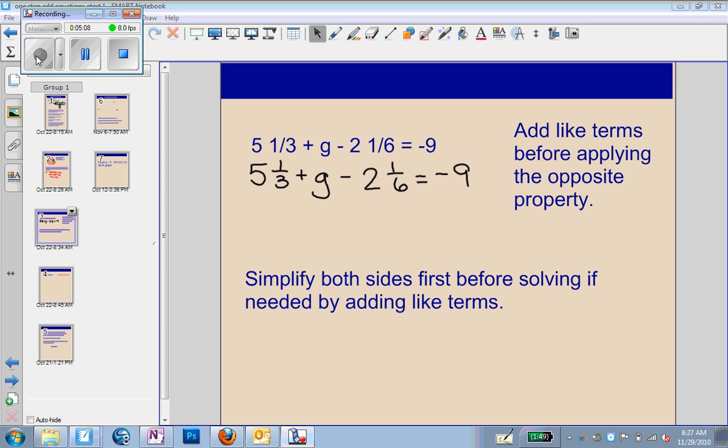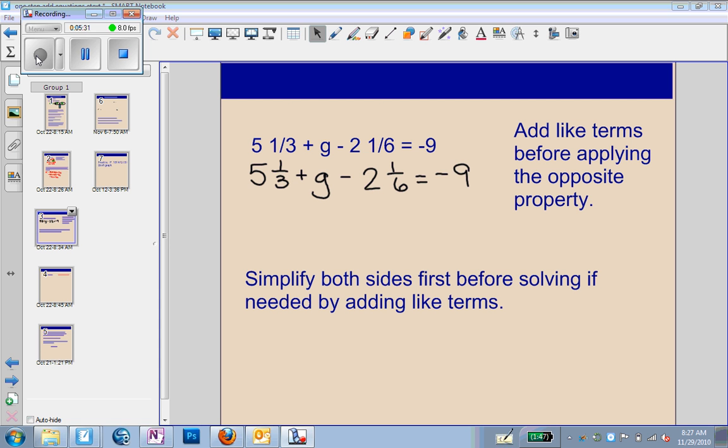This is an example where we're going to have to add like terms before we actually start solving. So that means we're going to combine the 5 1/3 and the 2 1/6 together before we actually start solving. You always want to make sure you put all your variables together and all your constants together on each side before you actually start solving.